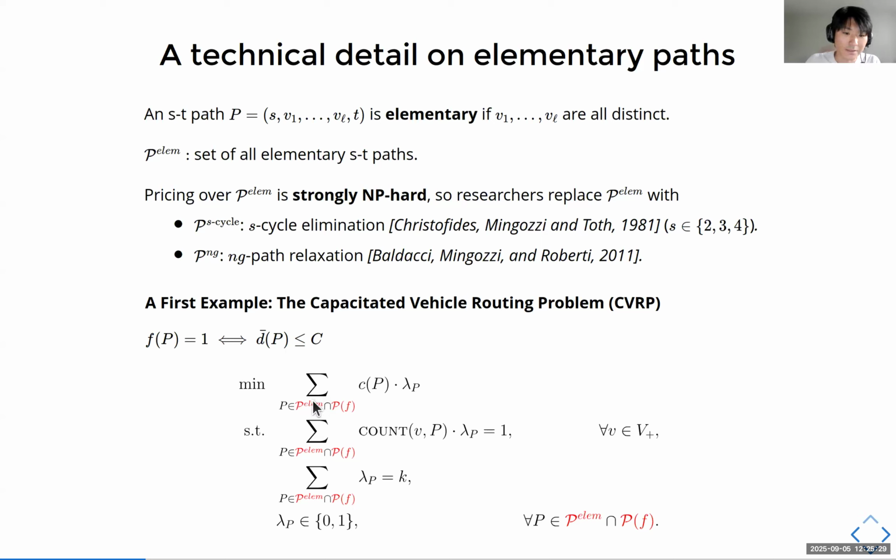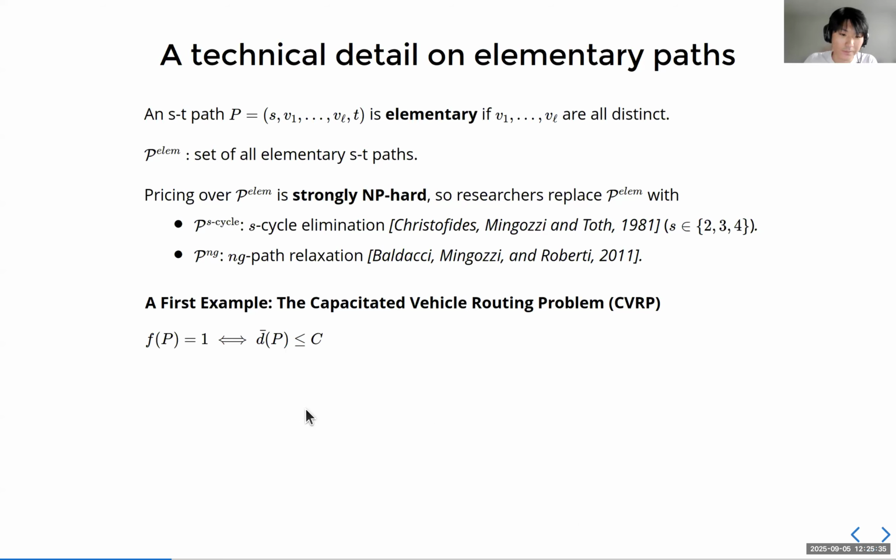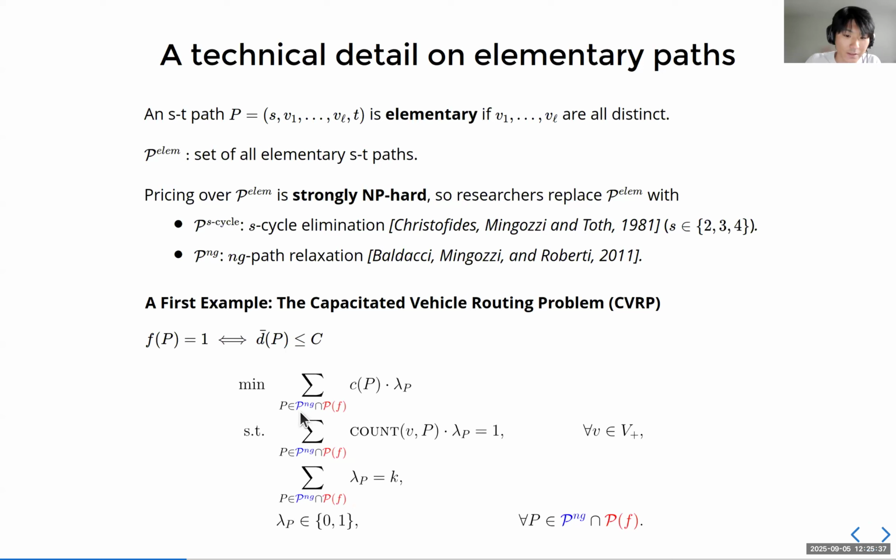The problem then is that, because of this result, pricing over this set is too hard for me to do. So researchers replace this with the relaxation ng. It's fine to relax the set of elementary s-t paths because these constraints guarantee that I will only select paths that visit each customer at most once.